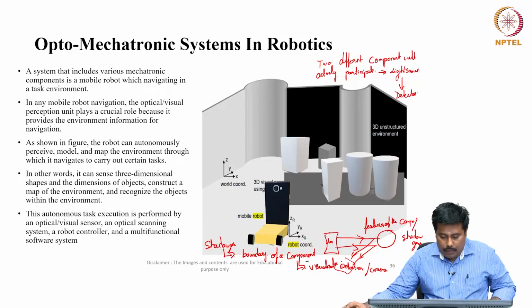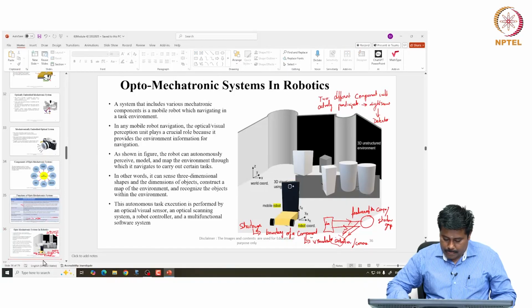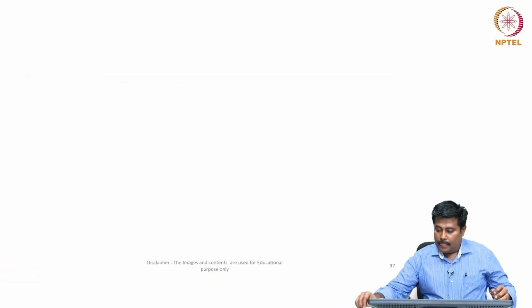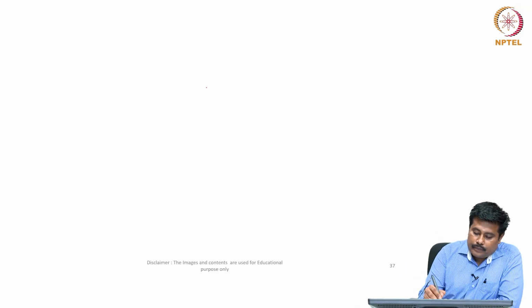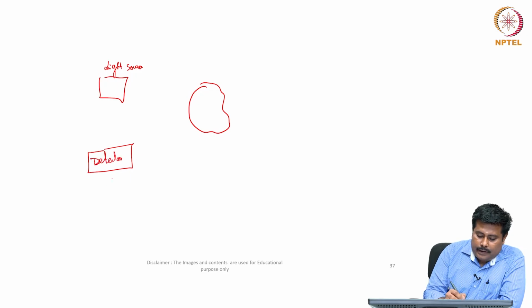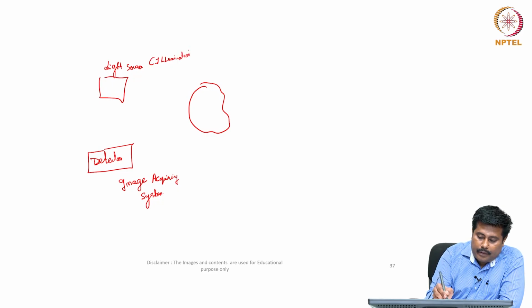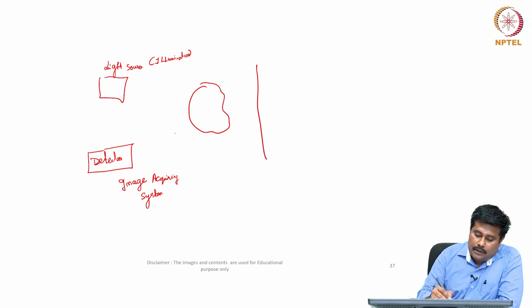Now, if we go into the closer view of this optomechatronic system, as I had discussed, we have a component, a light source and a detector, which is nothing but an image acquiring system, a light source which is used for illumination, and the plane at which the image is acquired.